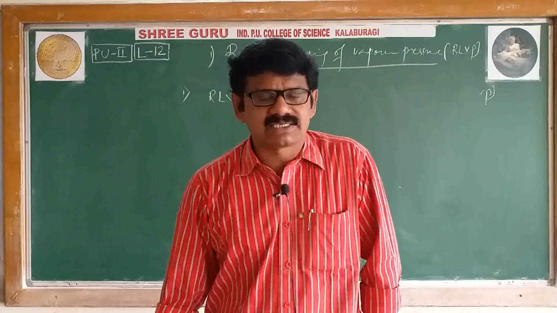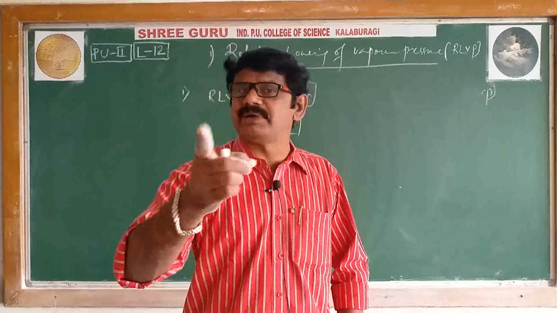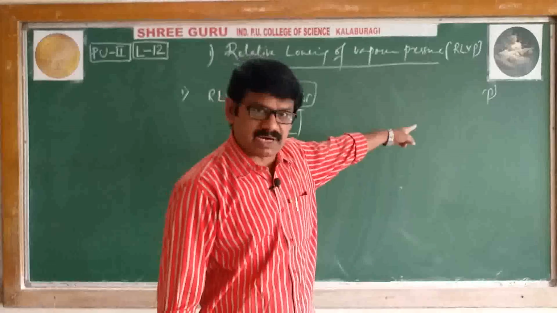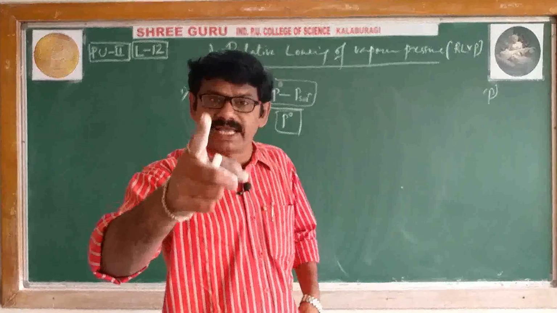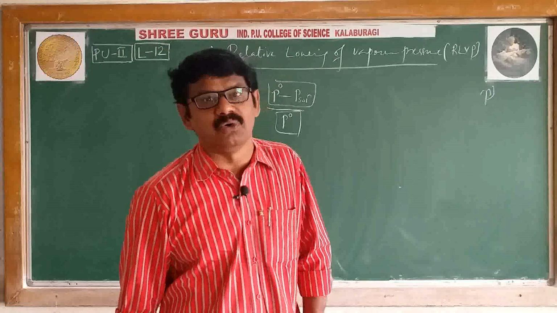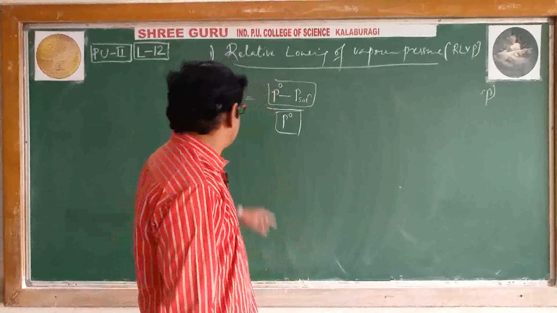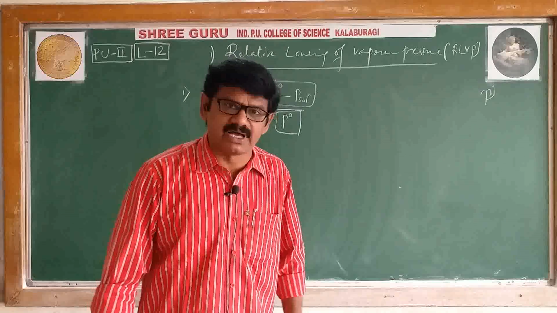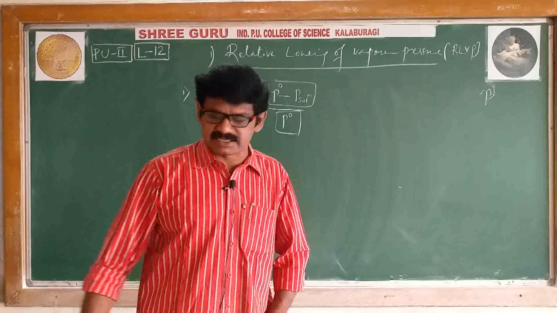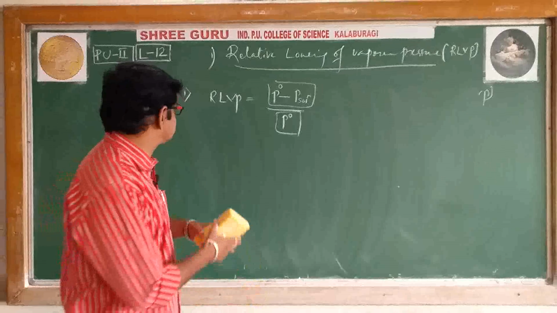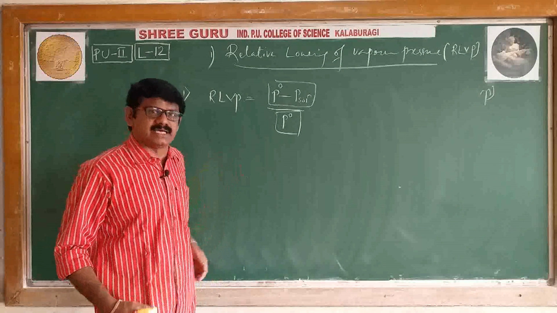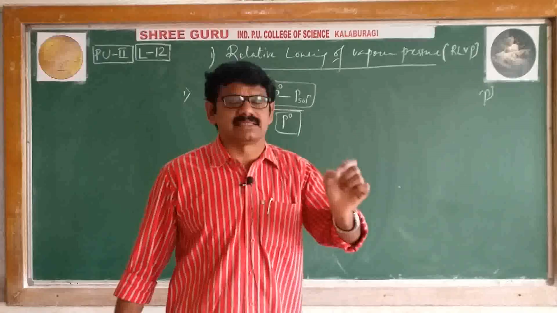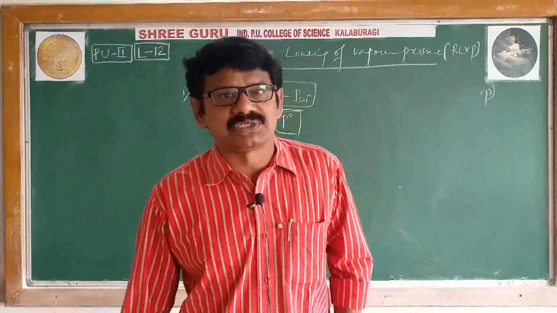It definitely depends on the number of solute particles. Why? If more solute particles are there, then the lowering of vapor pressure is more. Remember, overall relative lowering of vapor pressure depends on the number of solute particles, because it is a colligative property, right?